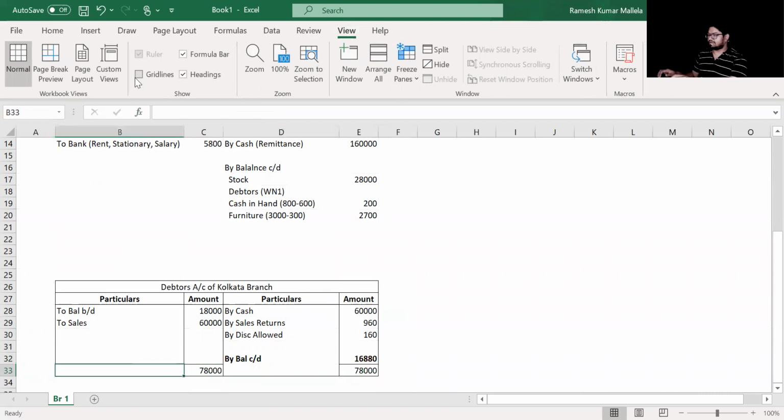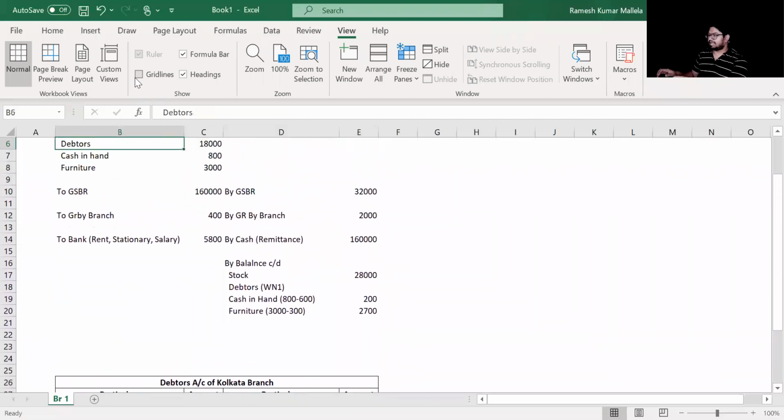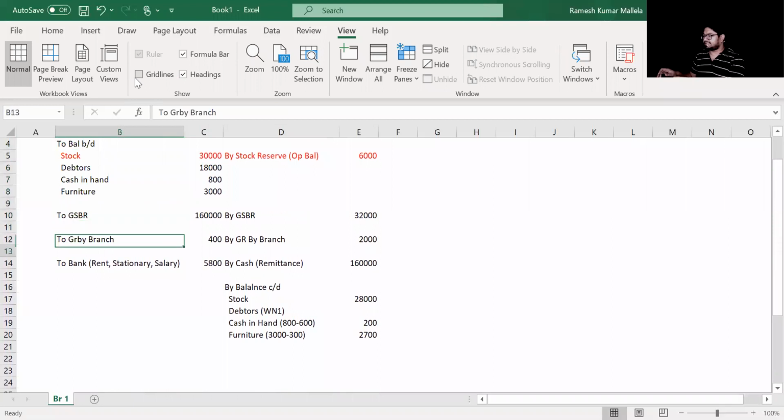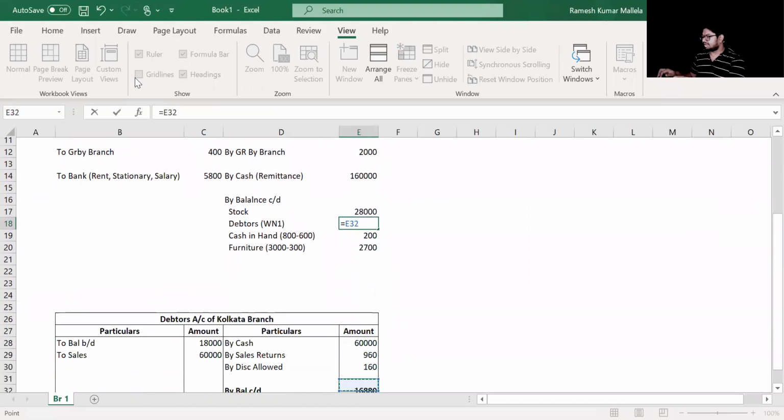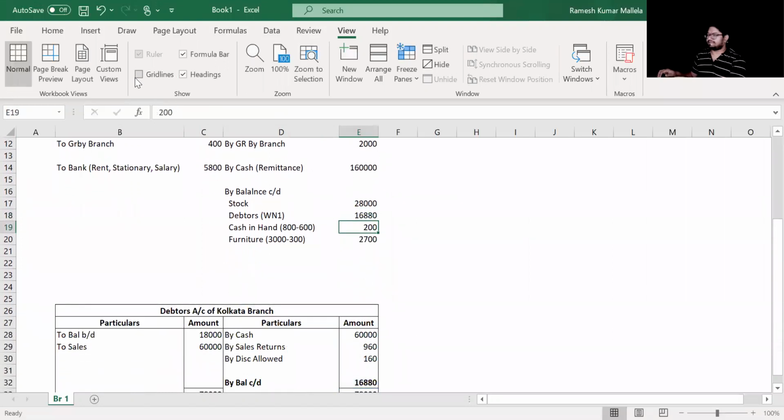So this is the debtors account of Kolkata branch. Now let us go ahead with your debtors. Here it's going to be 16,880.